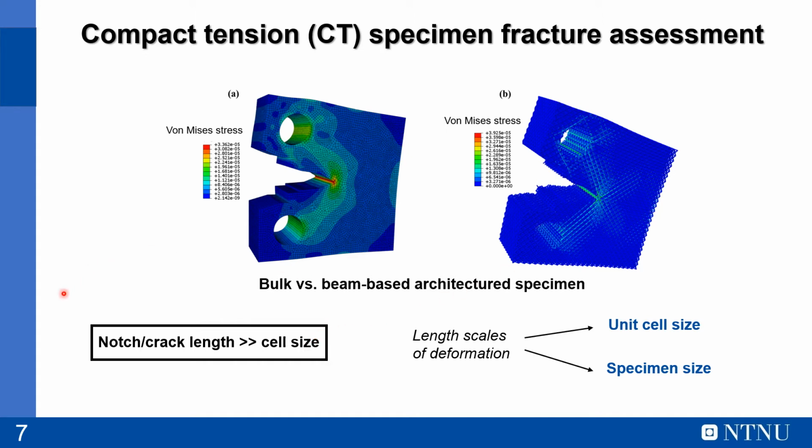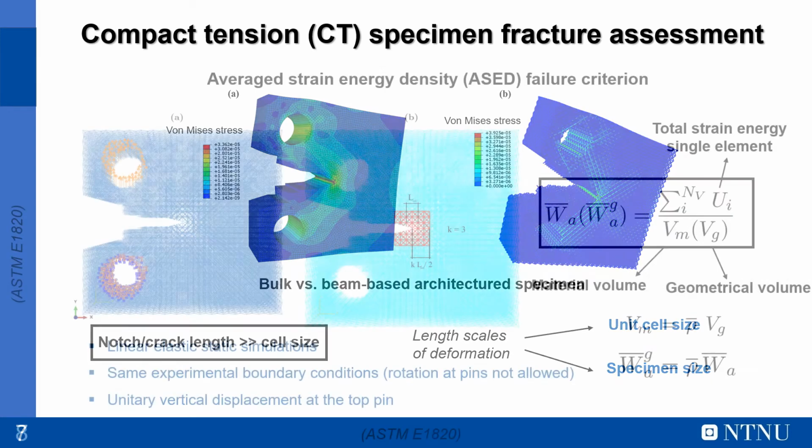The hypothesis is to have a notch or crack length much greater than the cell size, and we have to know that the length scales of the deformations are at two levels, at the unit cell size and at the specimen size. These levels can be seen here in the picture, because the deformation map matches the deformation on the bulk material.